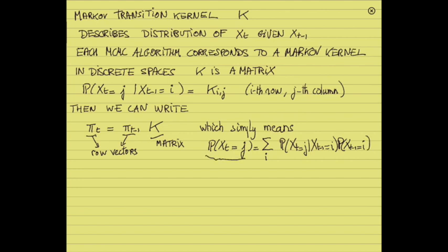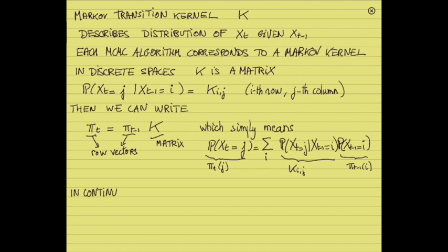So this is the law of total probability written for one step of the Markov chain. But conveniently, it can also be written in linear algebra as a row vector times a matrix multiplication.